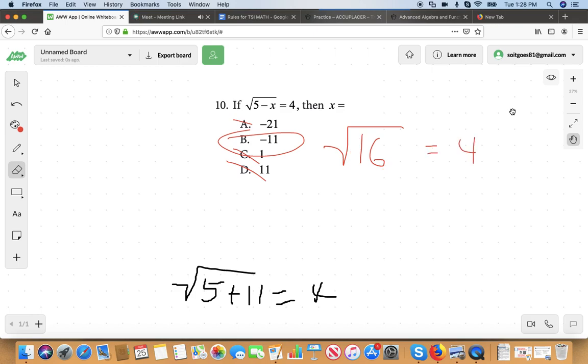Same thing with the square root of 9: that number is 3. The square root of 4 is 2. That's all there is to it.